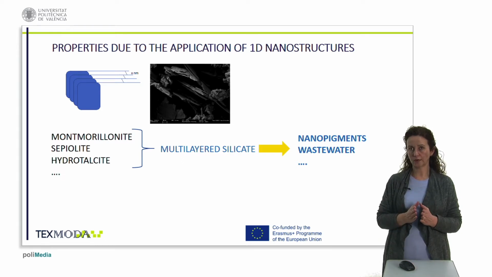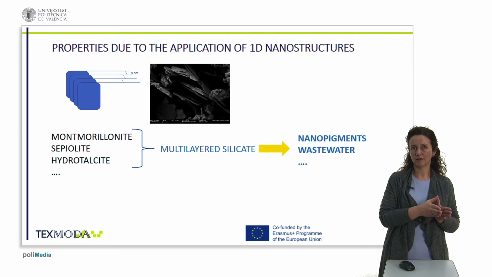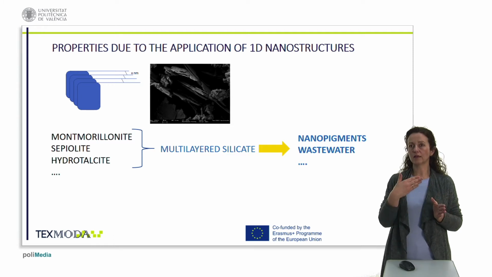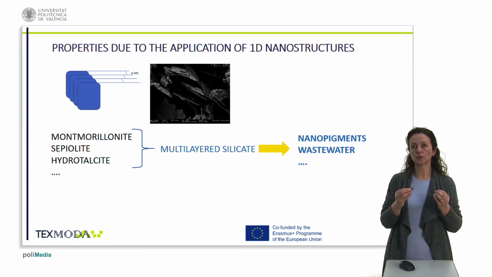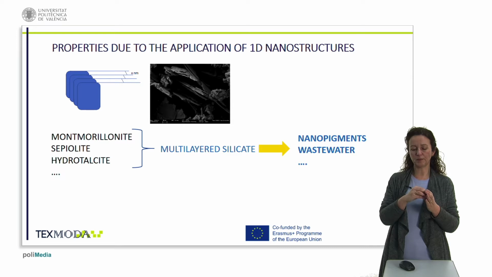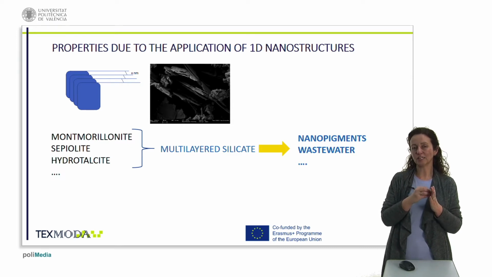Obviously, we cannot work with every kind of silicate trying to catch any kind of dye, okay? We need to study the chemical composition and the molecular size, so that we can include the pigment or the dye inside the silicate, okay?